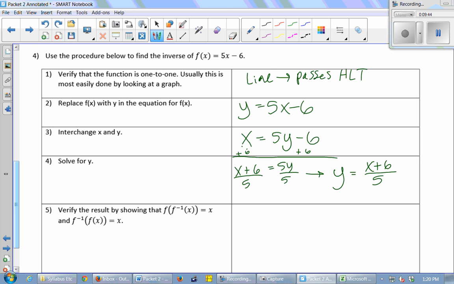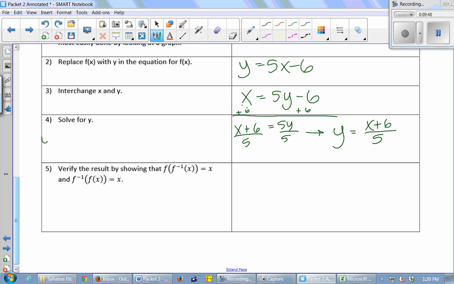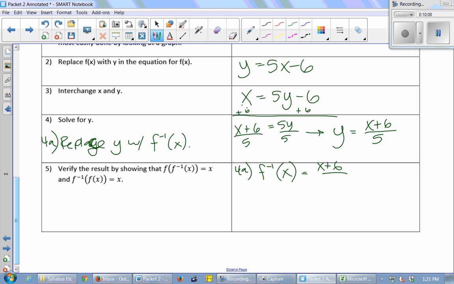The very last thing you do should be to replace y with f inverse of x. So f inverse of x is (x plus 6) over 5.